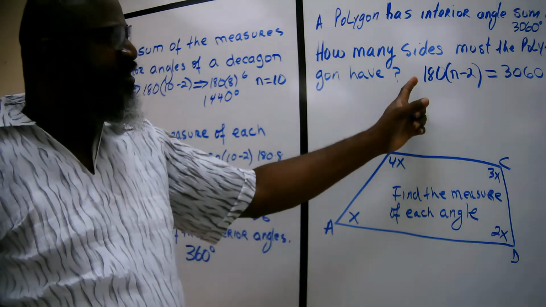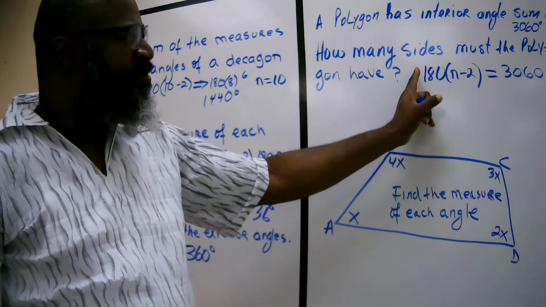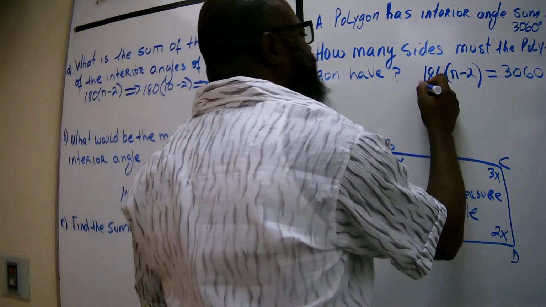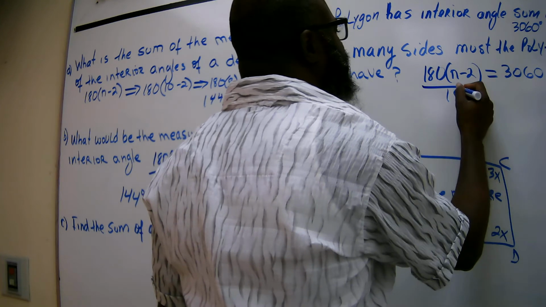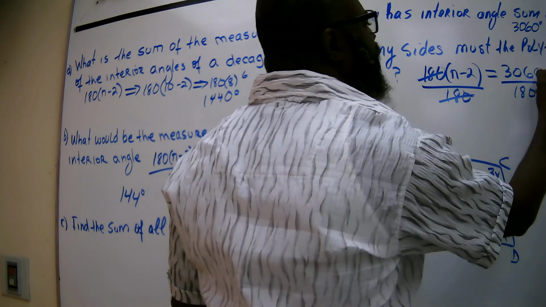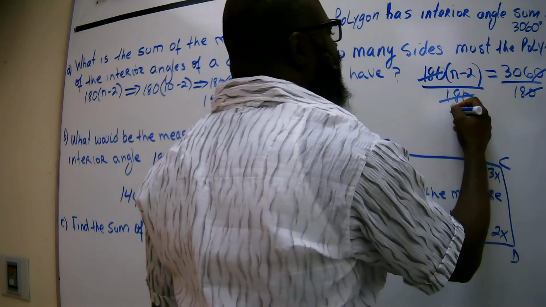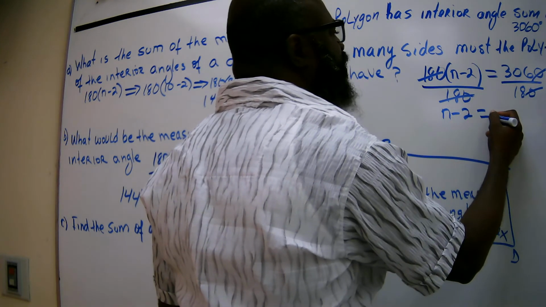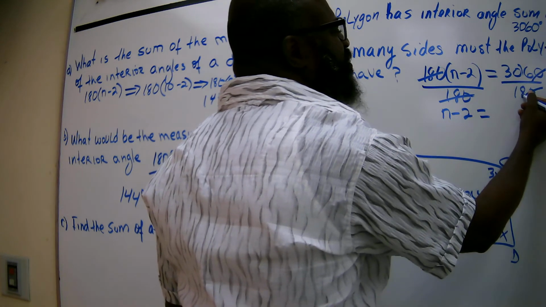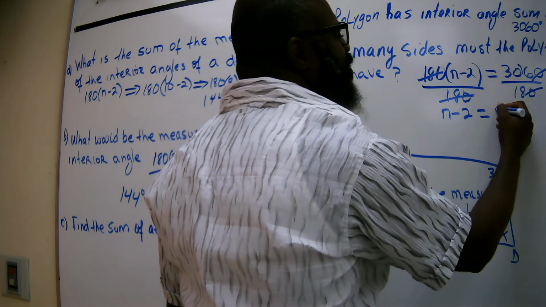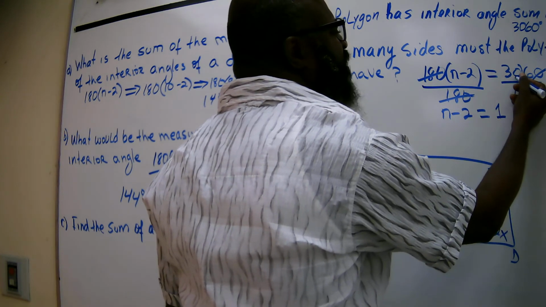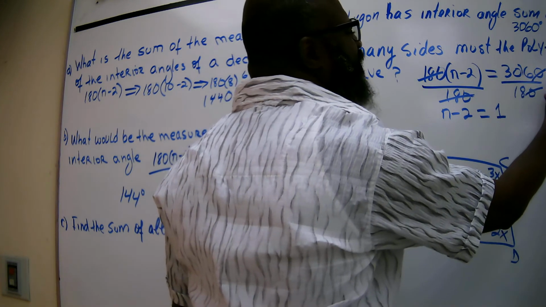Some of you may do the distributive property, which gives 180n minus 360. But in this case, I will rather divide both sides by 180. 180 cancels 180, and 3060 divided by 180 goes to 17, then you will have n minus 2. You ask yourself how many times 18 goes into 30, that is 1 time. 1 times 18 is 18. 30 take away 18 is 12.